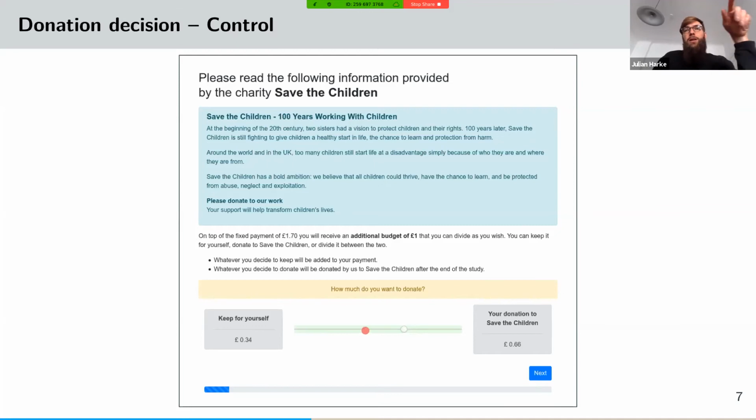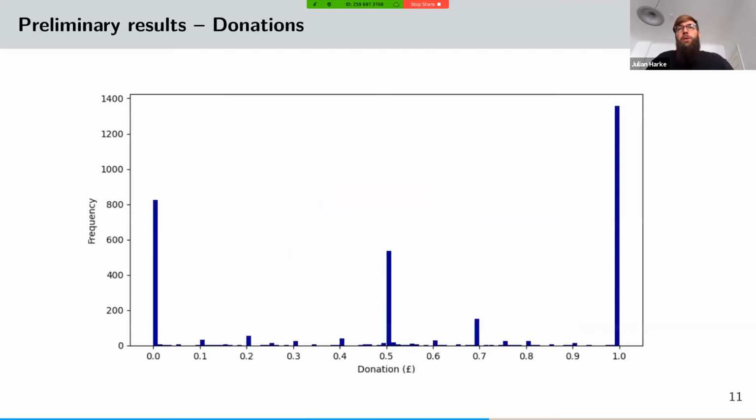We used the random position because we see many focal points anyway, and we were thinking that if we keep the slider position at the middle, we would see even more focal points. So we tried to get people to use fewer focal points with a random position, but as you see, people still like focal points, even though we didn't put them in the middle or at the very left or the very right.